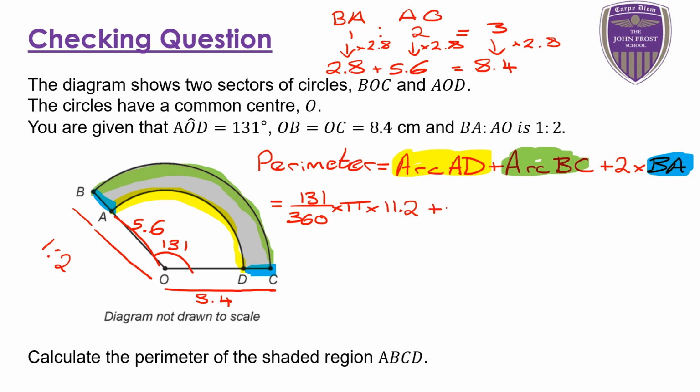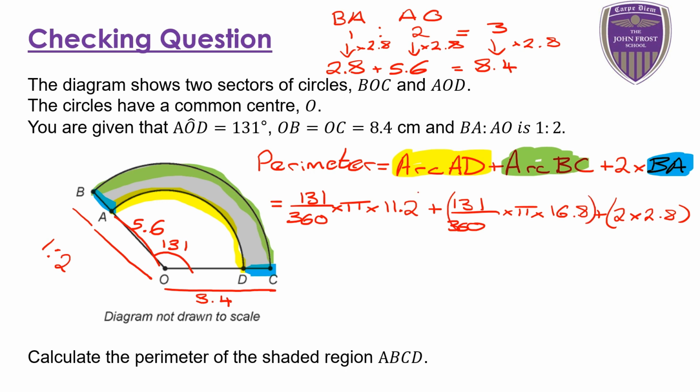We also need to add 131 over 360 times pi times, now we need the diameter for the whole thing. So that's 8.4 times 2, which is 16.8. Finally, we need to add 2 times BA, which is 2.8.